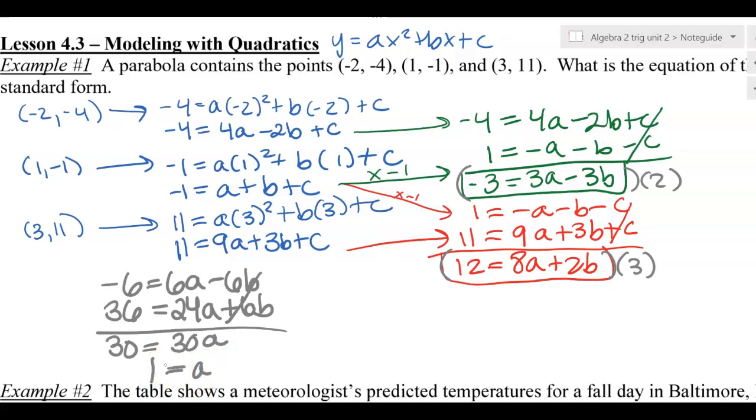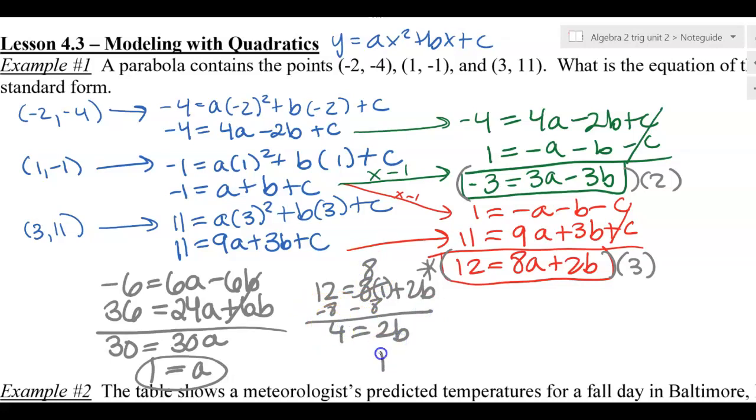And then I'm just going to work backwards like you guys have done before, plugging in these things to find b. So I'm going to plug a back into this equation. So 12 equals 8a plus 2b, but I'm going to replace a with 1. So that's just 8. So I'm going to get 4 equals 2b, which means b is equal to 2.